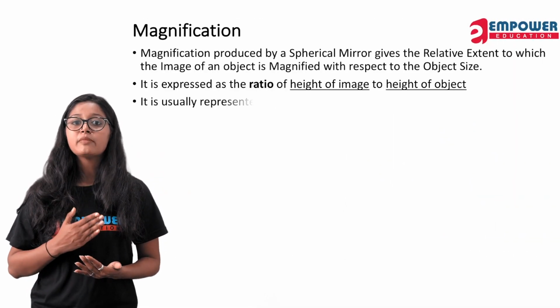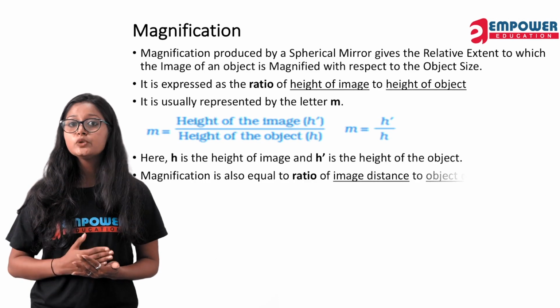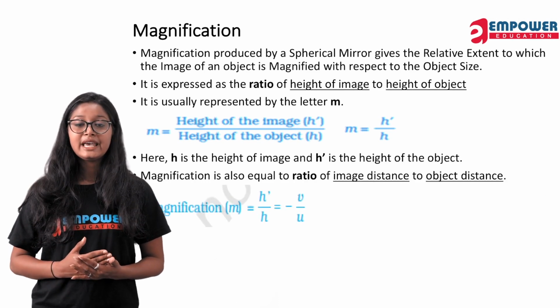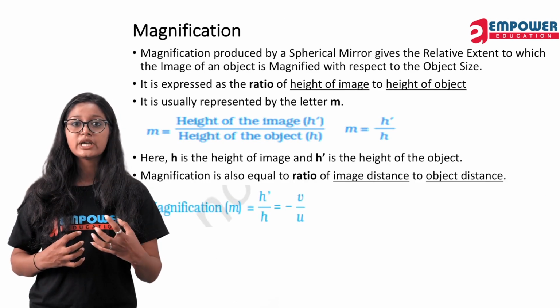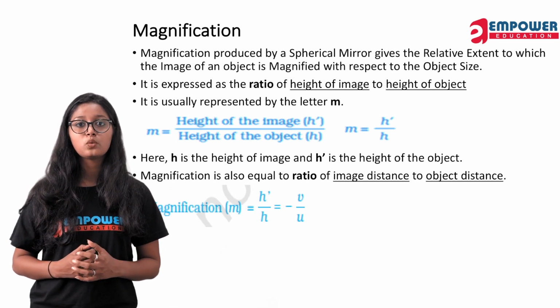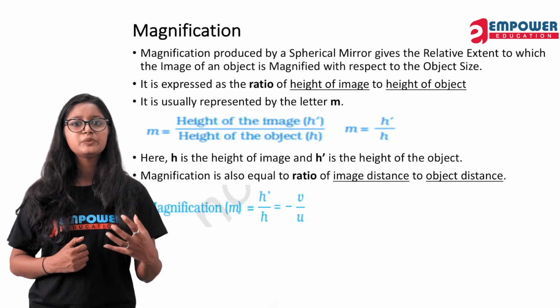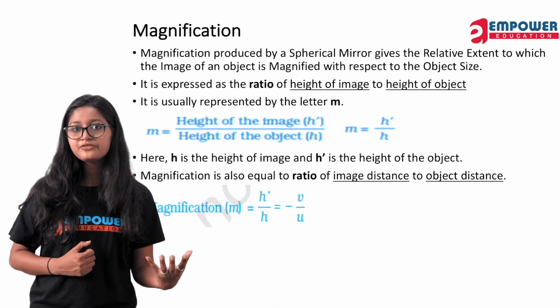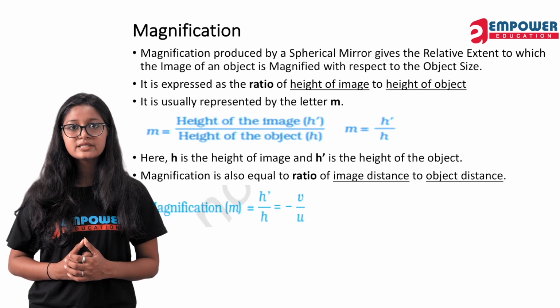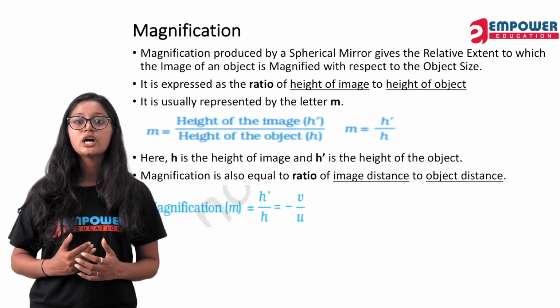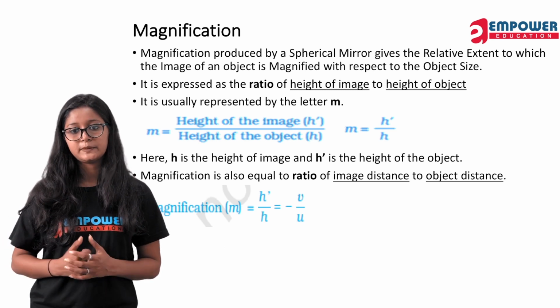Now let's talk about magnification. Magnification produced by a spherical mirror is the extent by which an image is magnified with respect to an object. So if you write it in mathematical terms, the magnification can be written as height of the image upon the height of the object.